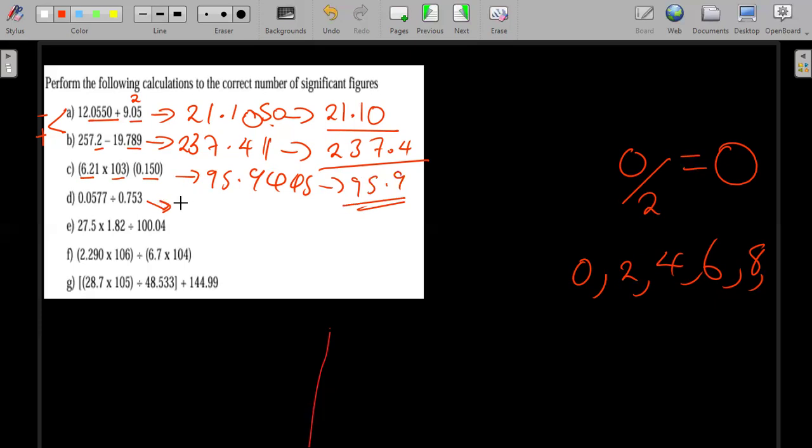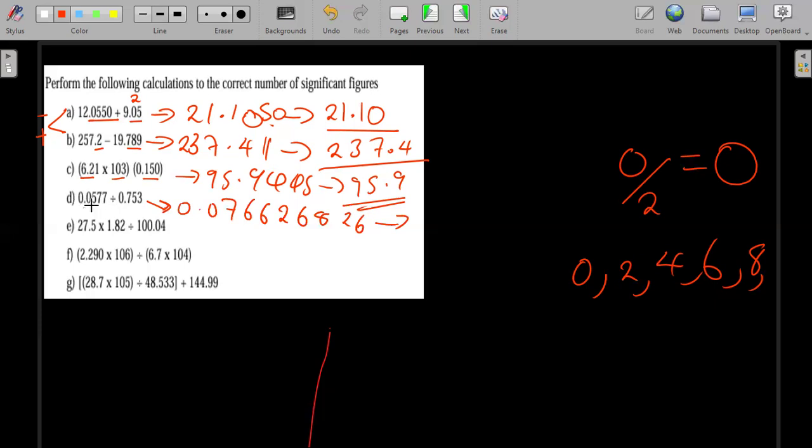Me, I'm getting something like 0.076626826.